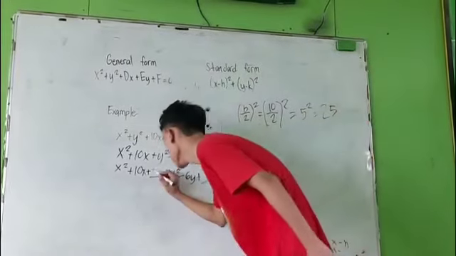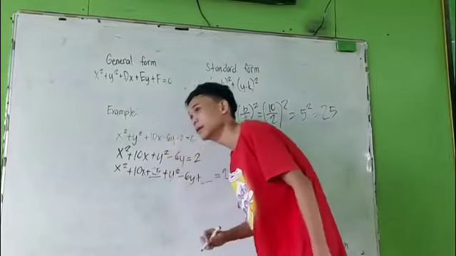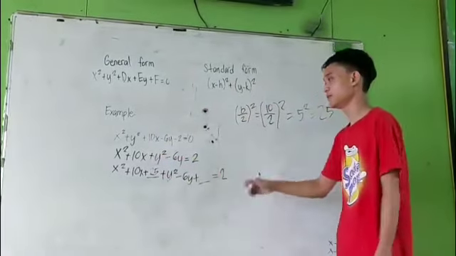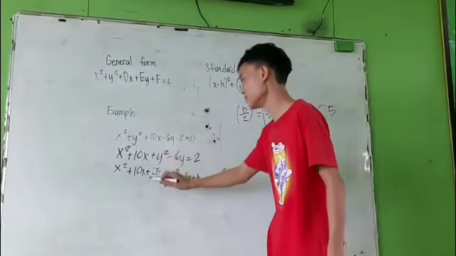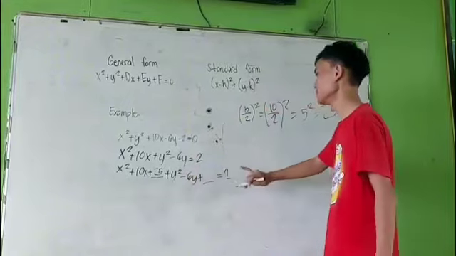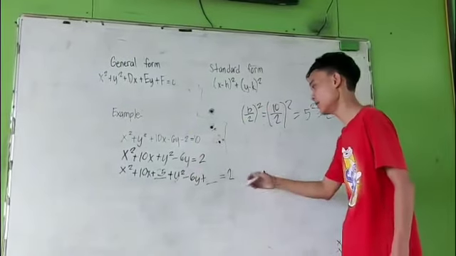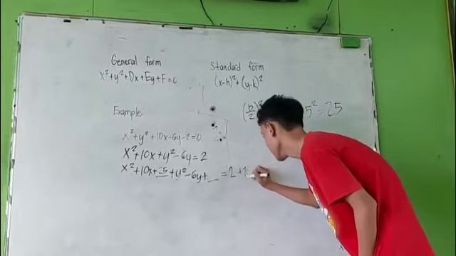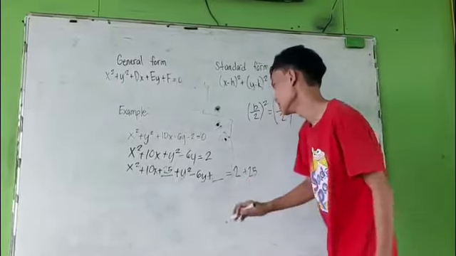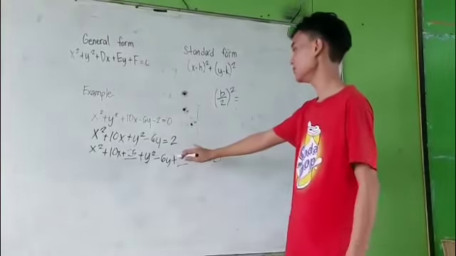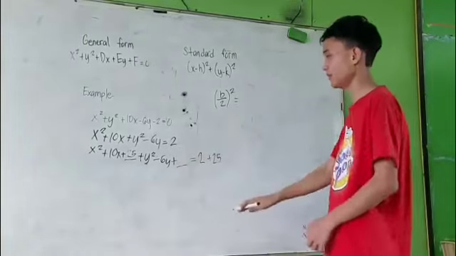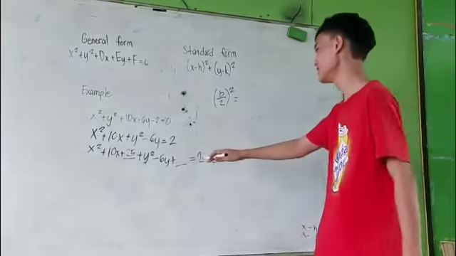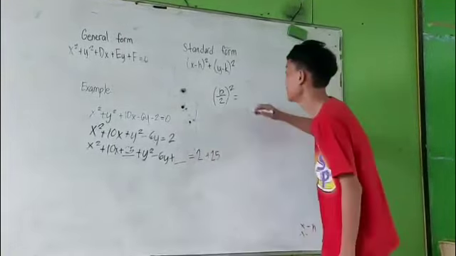So we have 25. To balance the equation, if you add something in here, you also add it on the other side, the right side. So we have here 25. We're gonna repeat the method to the negative 6y.